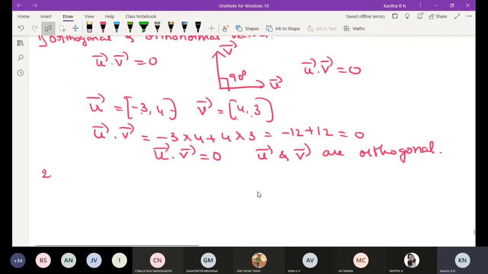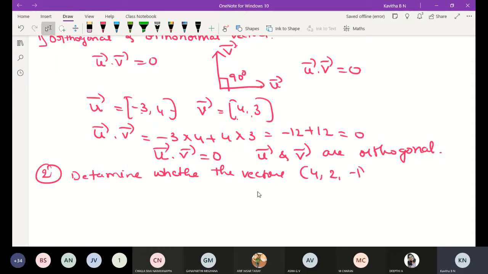Then take down one more example. Determine whether the vectors 4, 2, minus 1 and 1, minus 3, 2 are orthogonal or not.